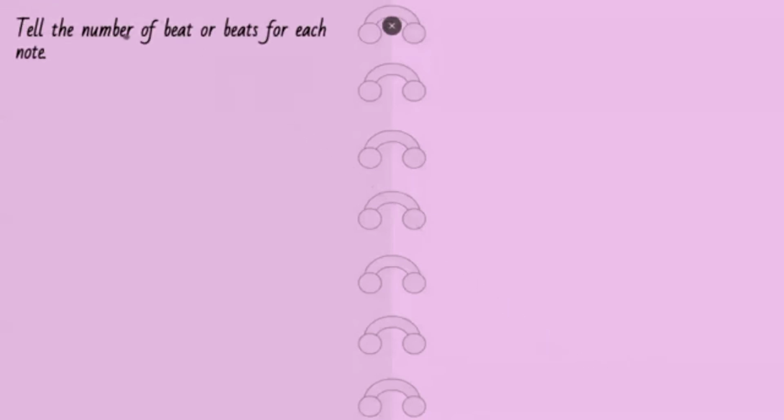We're going to tell the number of beats for each note. Okay, this is a whole note. This is only the head. How many beats? Correct, it's 4. For this one, shaded head already. This is, we called quarter note. Okay. It has 1 beat.